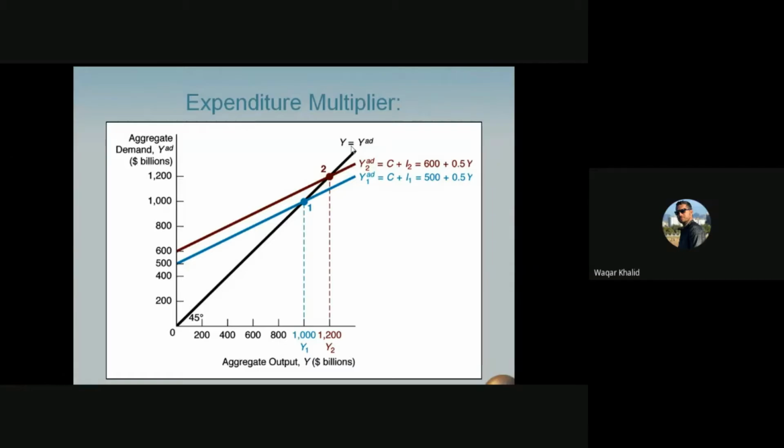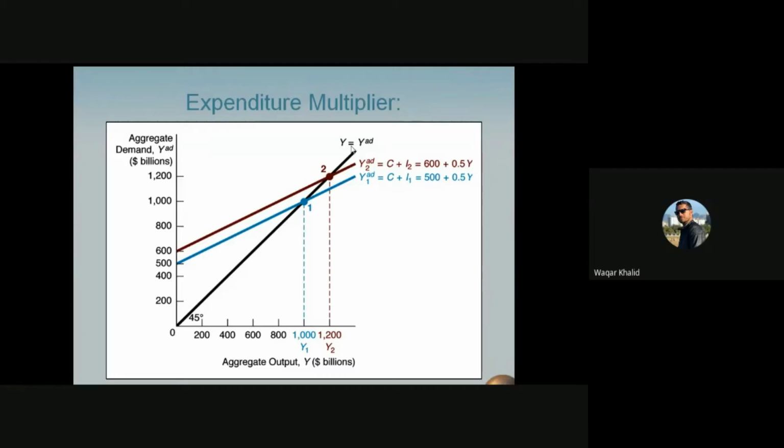Initially, the planned investment expenditures were $300 billion, and now the new planned investment expenditures are $400 billion. So we can write Y2AD is equal to C plus I2, which is equal to 600 plus 0.5. Now the question is how this increase in planned investment spending affects the aggregate output.